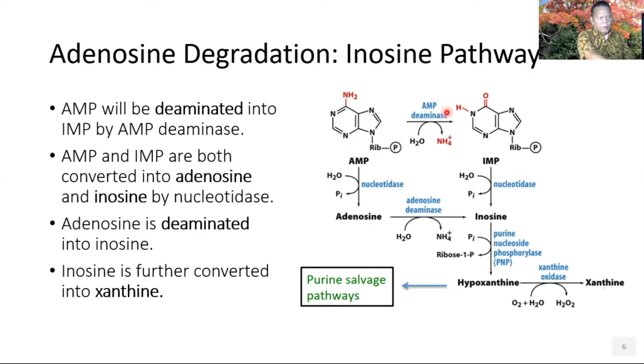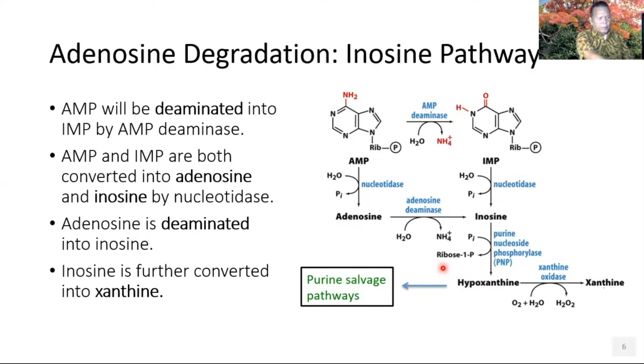Then this IMP will be converted into inosine, catalyzed by nucleotidase. On the other hand, AMP will be converted into adenosine catalyzed by nucleotidase, and this adenosine also will be converted to inosine. Then this inosine will be converted into hypoxanthine, then hypoxanthine will be converted to xanthine. On the other hand, hypoxanthine can be converted into the purine salvage pathway.